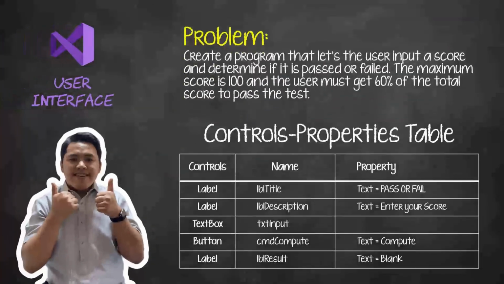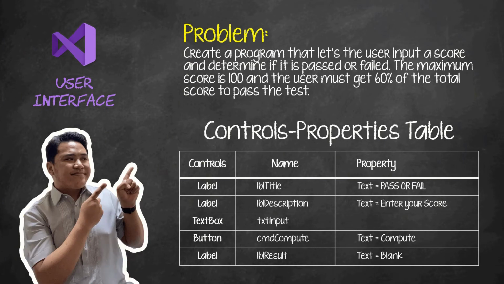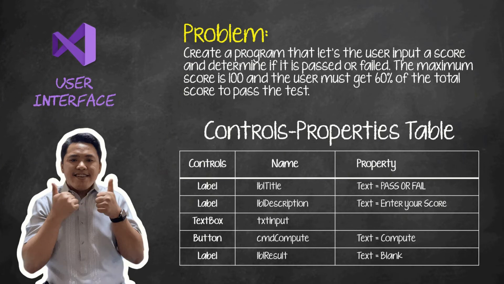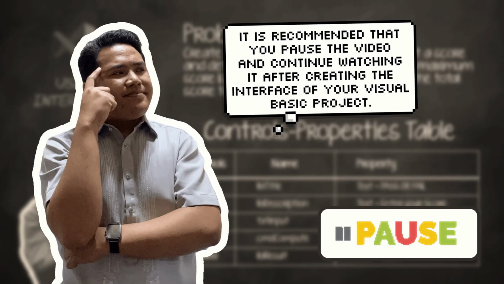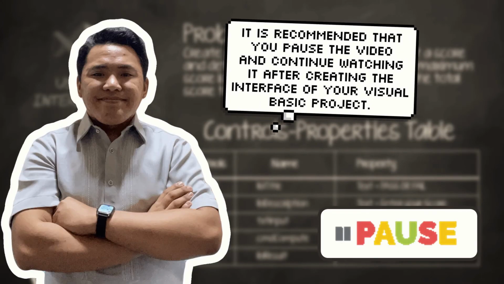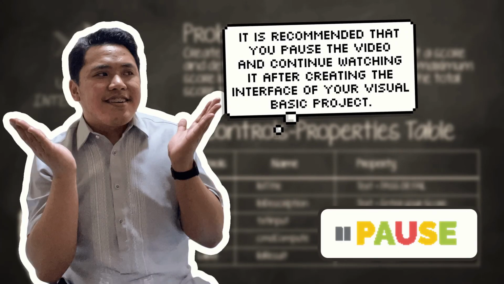In creating the user interface or UI of your project, follow the controls properties table shown on the screen. It is recommended that you pause the video and continue watching it after creating the interface of your Visual Basic project.